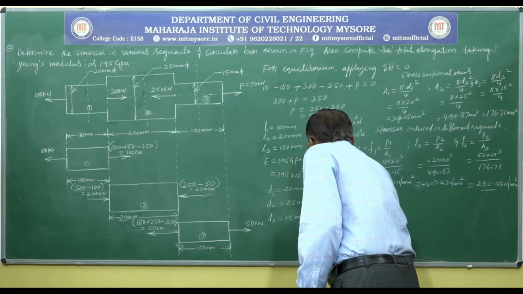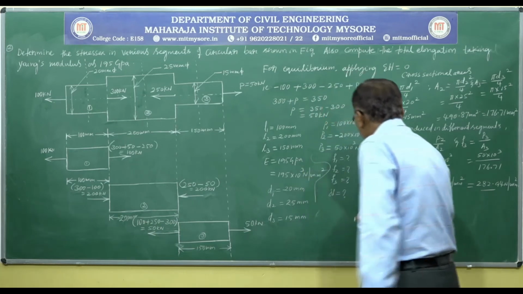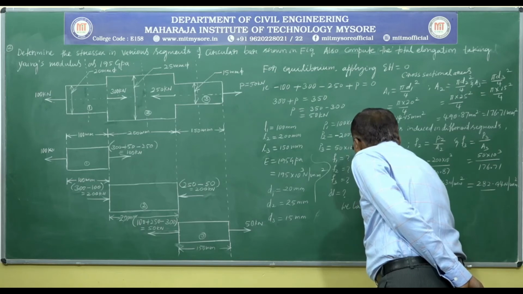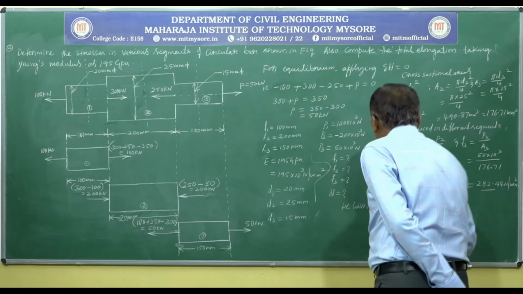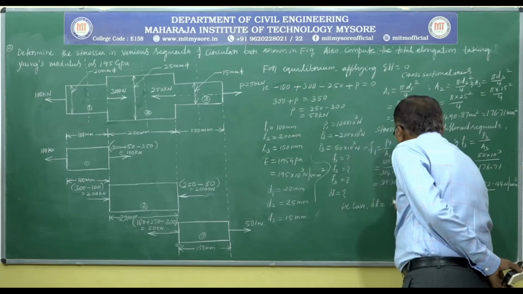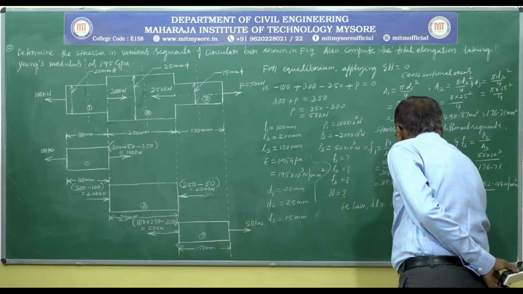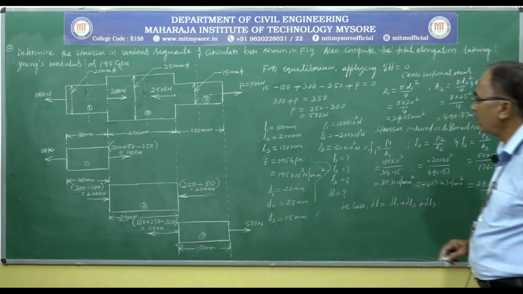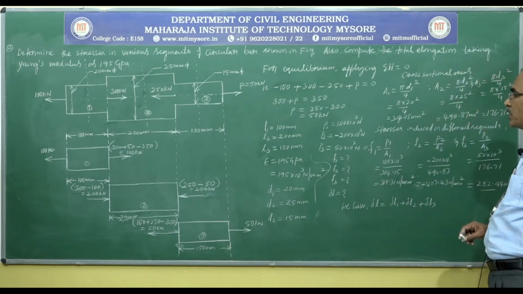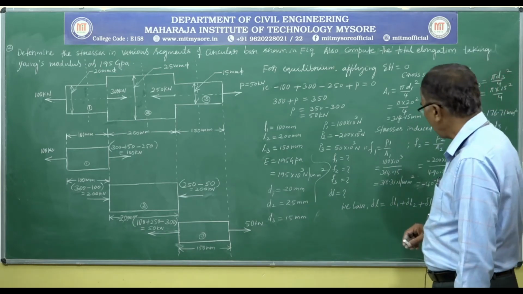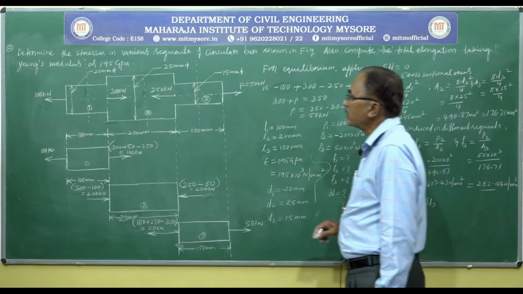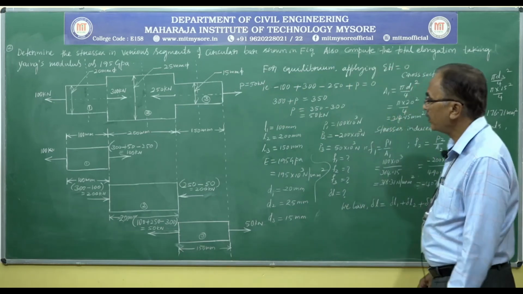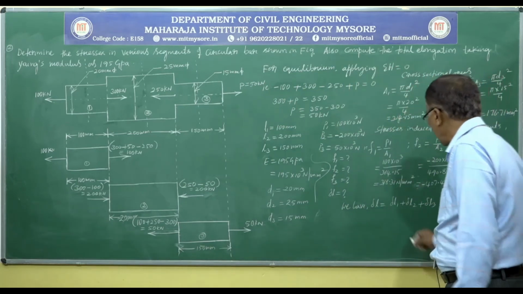So, total elongation delta L is equal to question mark. Next, delta L is equal to delta L1 plus delta L2 plus delta L3. When a bar of cross section is subjected to a number of forces, according to the principle of superposition, the total strain is equal to the algebraic sum of the strain caused by the individual forces.